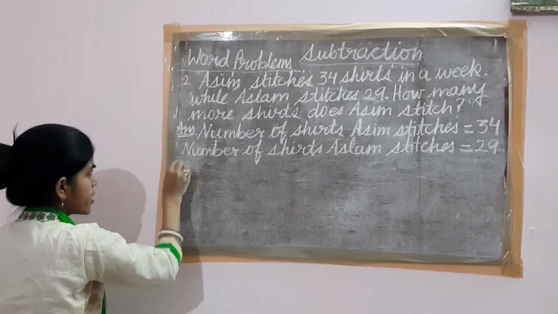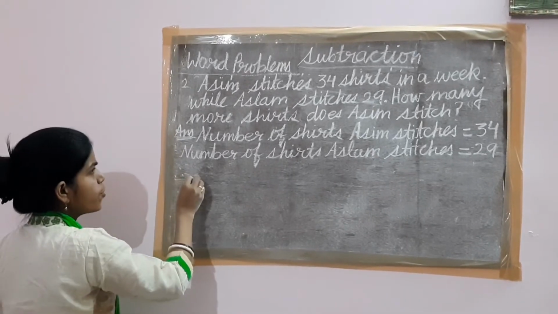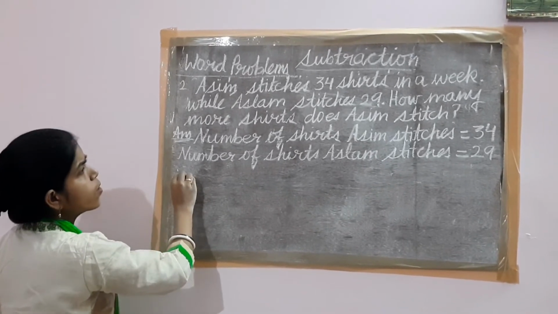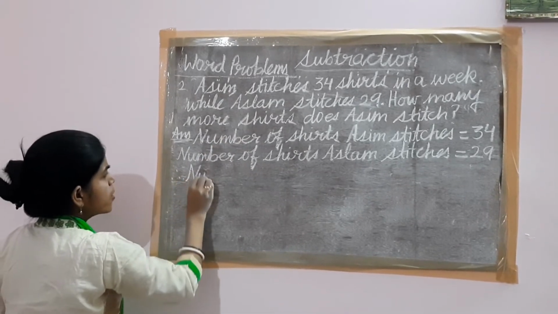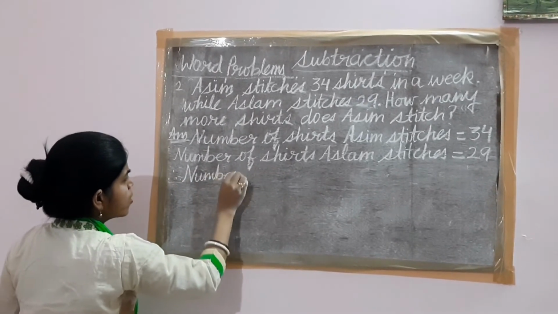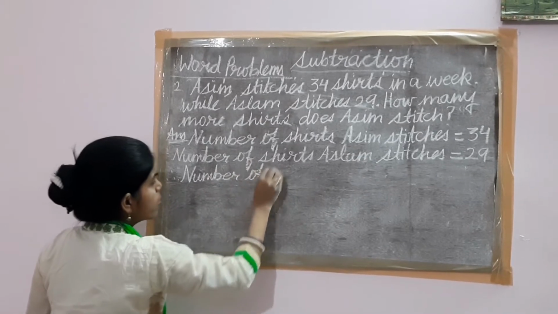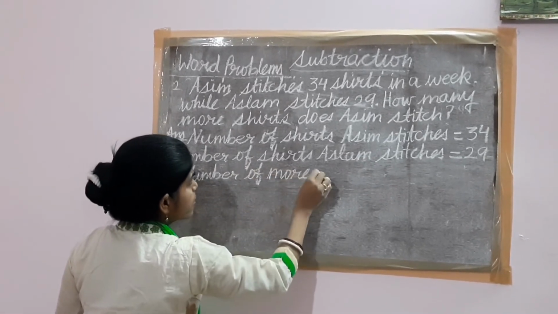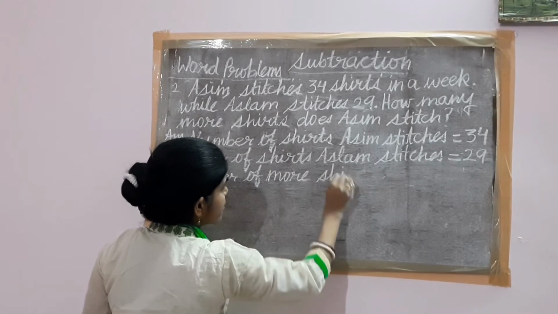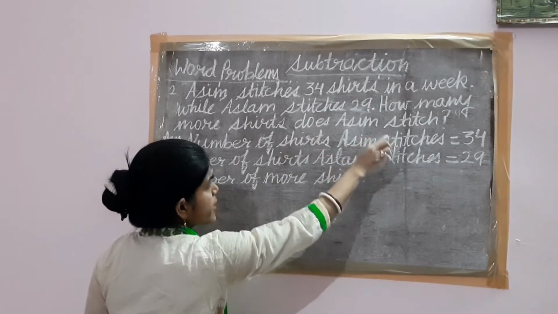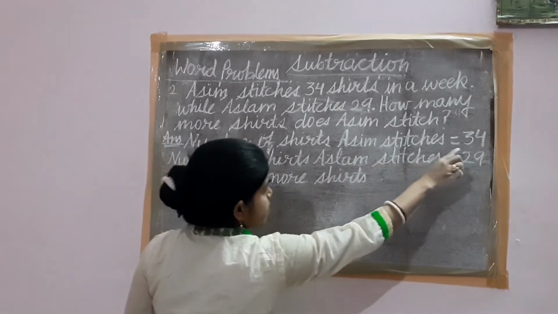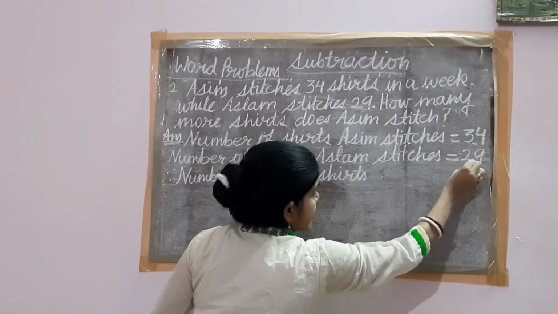Then the last statement, therefore: number of more shirts Asim stitches. Because for Asim, the number you see is 34 and here it is 29.